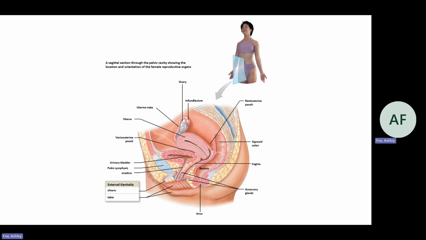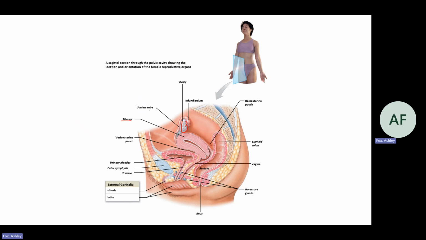So we're looking overall again, the ovary is here, the uterine tube, and we'll talk about the infundibulum is kind of catching the egg. So you'll see parts of the uterine tube when we get to that in lab. You have the uterus.